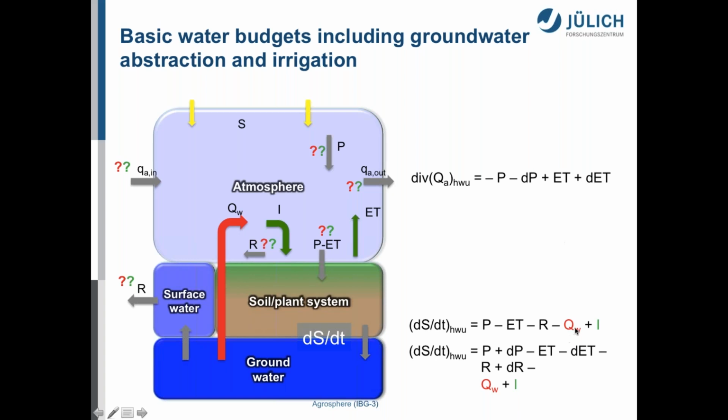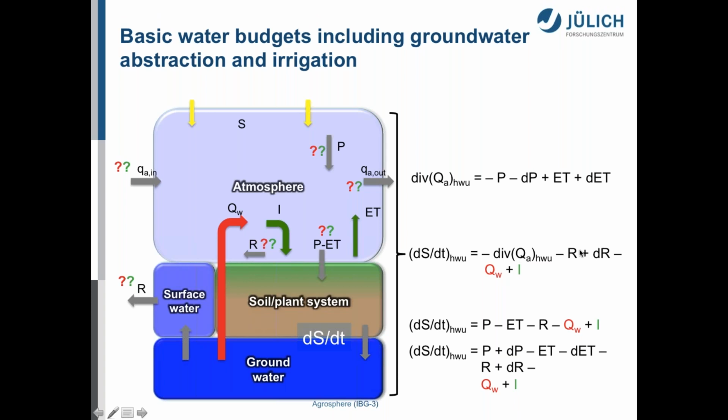But what I see immediately is that indirectly, through abstraction and irrigation, we're going to change the atmospheric transport. That's why our rationale is we have to go from groundwater into the atmosphere. And we can again insert the atmospheric transport in our land surface subsurface balance equation, and we see that pumping will influence atmospheric transport, and in turn maybe will influence storage changes and also continental runoff.